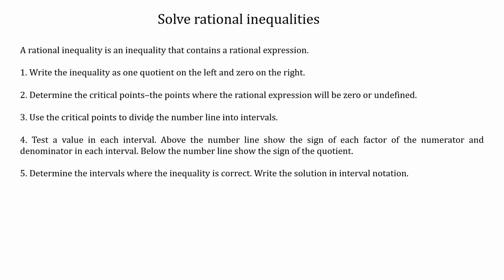Use the critical points to divide the number line into intervals. Test a value in each interval. Above the number line, show the sign of each factor of the numerator and denominator in each interval. Below the number line, show the sign of the quotient.